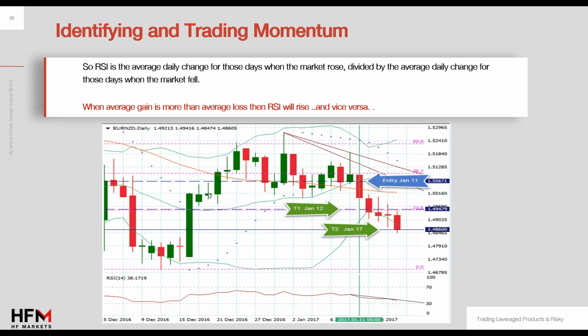And if the average gain is less than the average loss, the RSI will fall. So what we mean by that is simply when we see the RSI falling or rising. For example over here, ignore the rest of the indicators. Let's focus only on the RSI.